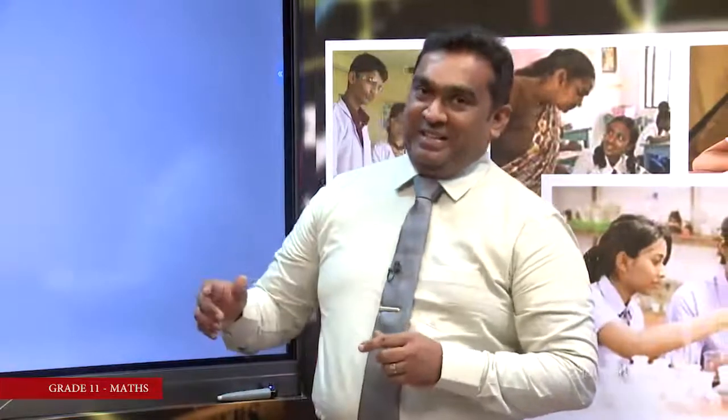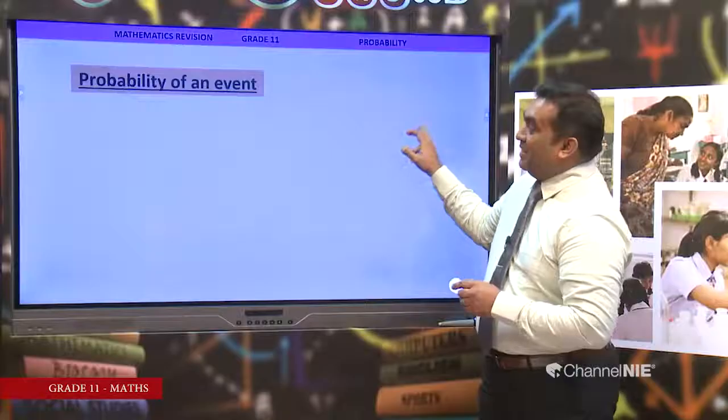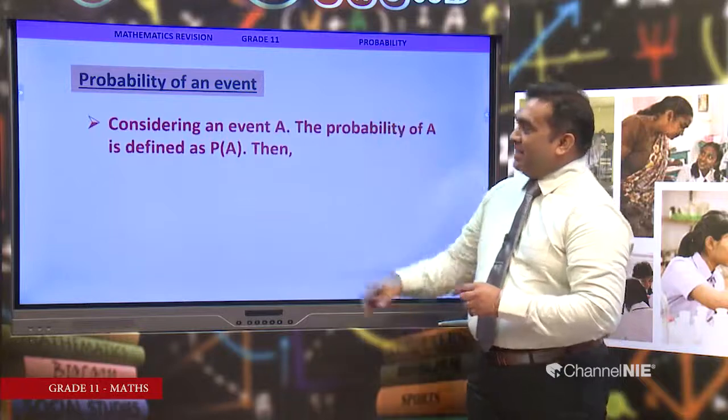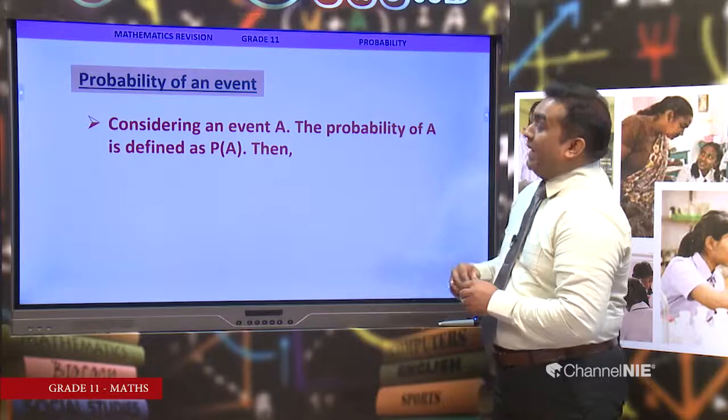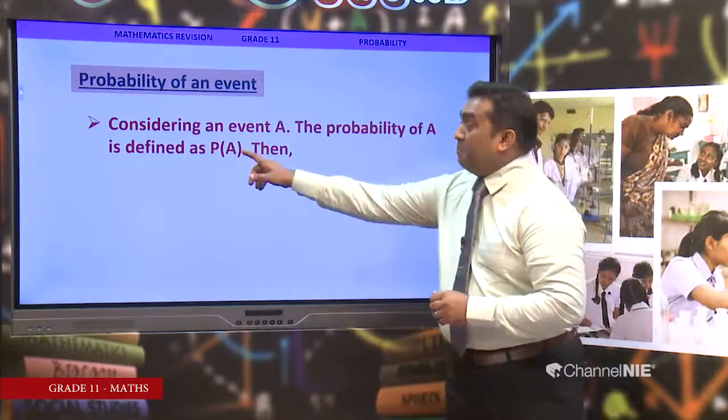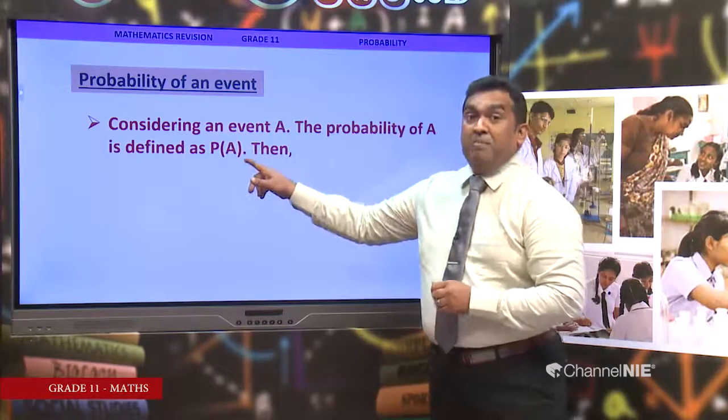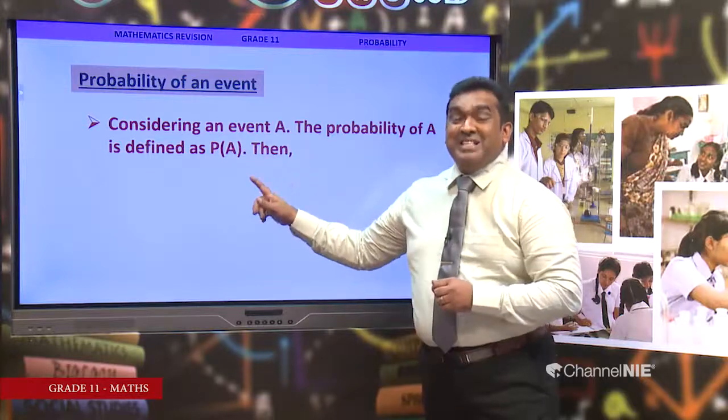In that case, we want to find out the possibility of that event occurring. You can see the definition. Considering an event A, the probability of A is defined as P(A).